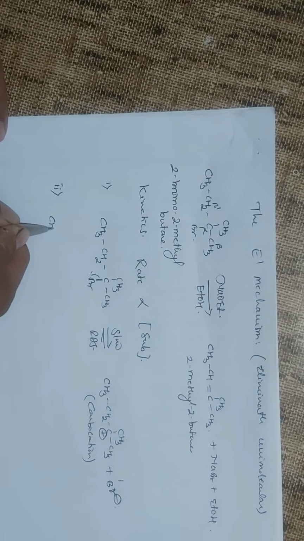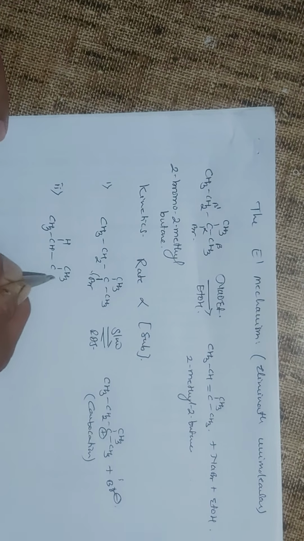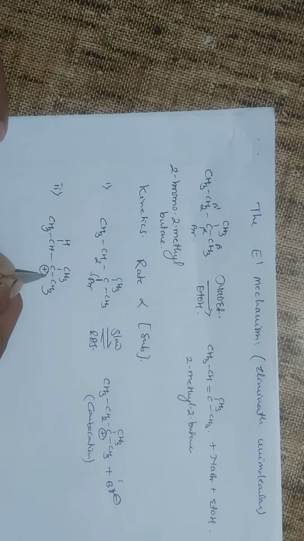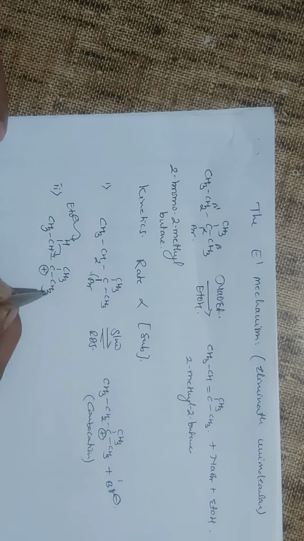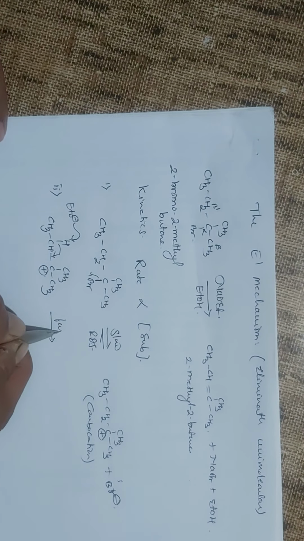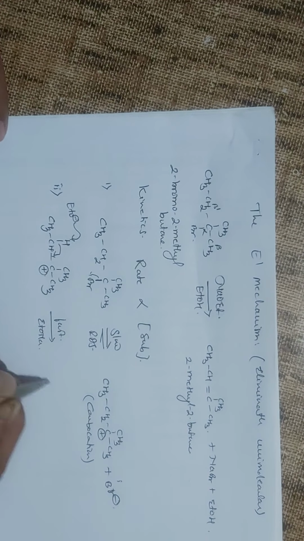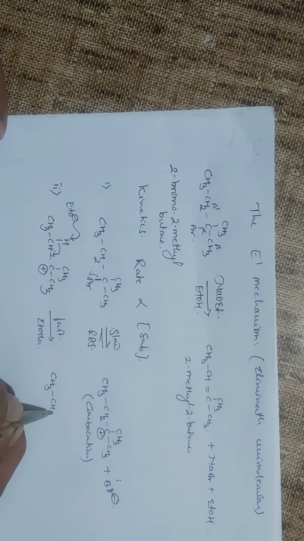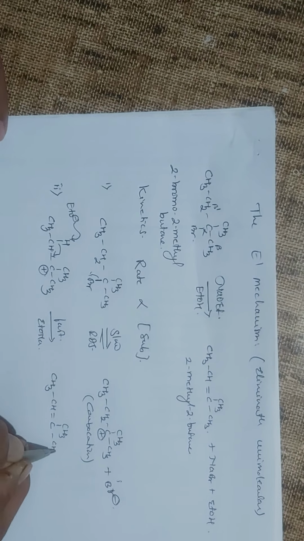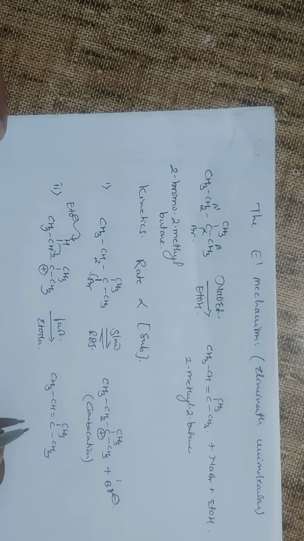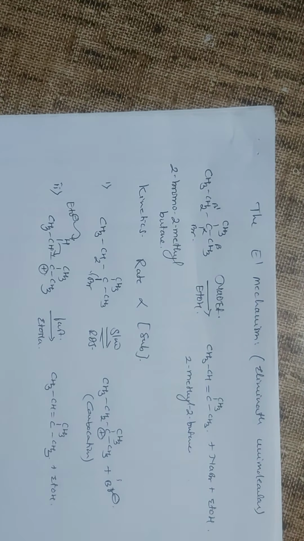Here the beta dash hydrogen is abstracted by the base EtO minus, which abstracts the proton and gives the formation of the elimination product. You get the alkene CH3CH=C(CH3)CH3, that is 2-methyl-2-butene, as a product. And so it's a two-step mechanism.